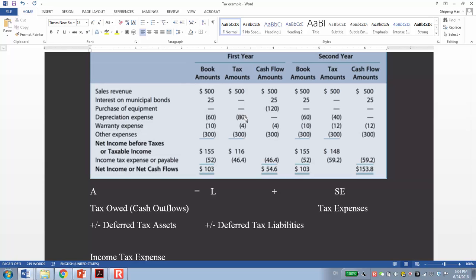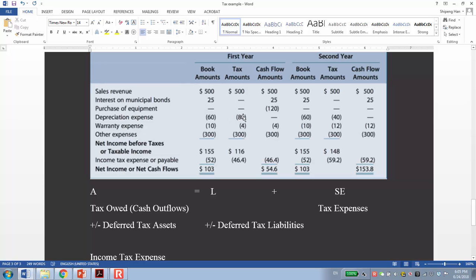So actually, same revenue, but the tax report deducts more. This will reduce the current taxable income, and again, will reduce the current tax payable. But we know that temporary difference will finally be reversed, right? So actually, the $20 difference will be considered as future taxable income.